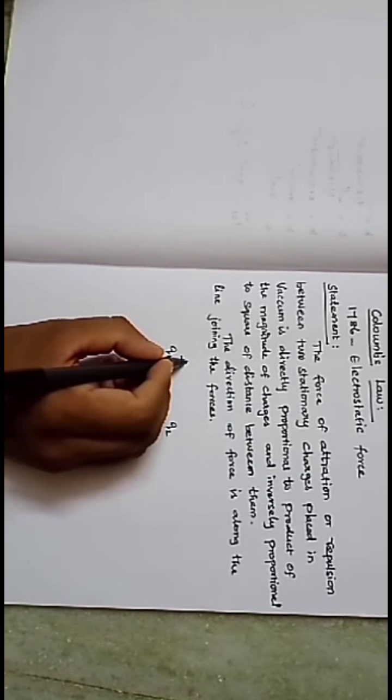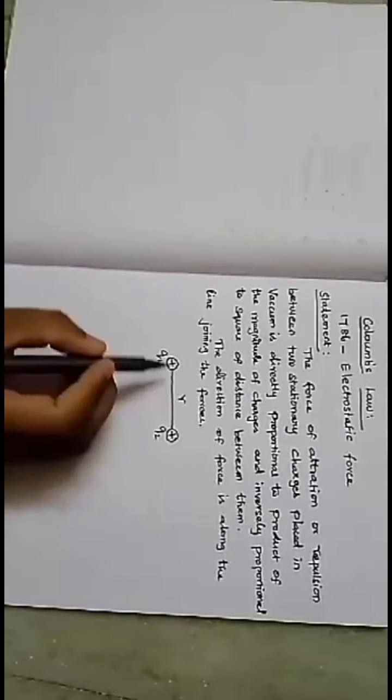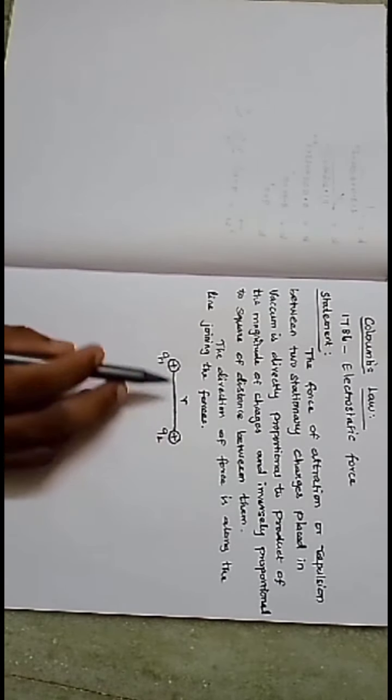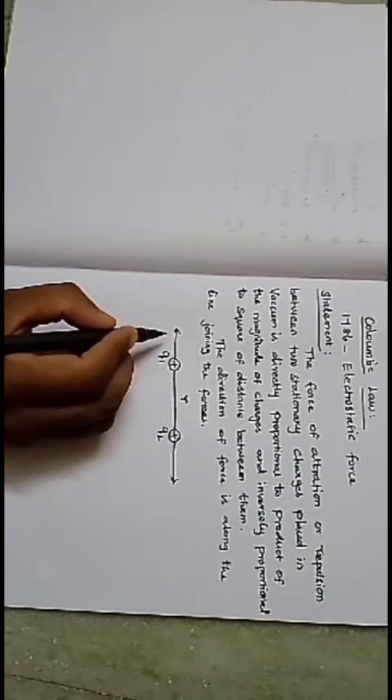We take Q1 as one positive charge and Q2 as another positive charge. These are stationary charges placed in vacuum with the distance r. So both charges are like charges, so they experience a repulsive force.